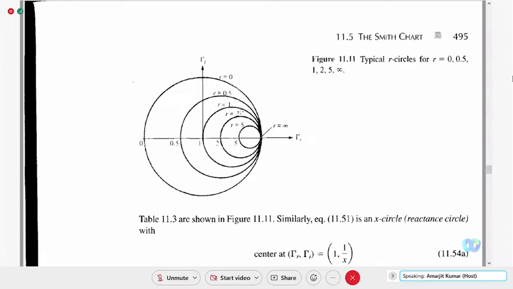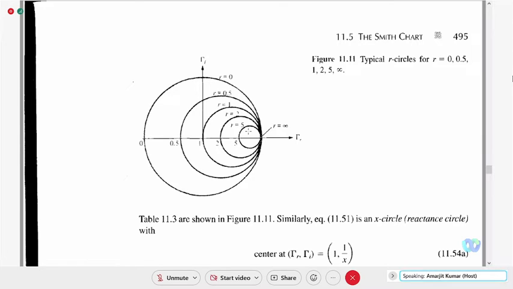So for this, can we calculate the reflection coefficient? If r is equal to 5 for this circle, what will be gamma r and gamma I? For calculating the reflection coefficient, we need both the real and imaginary part of the load impedance.